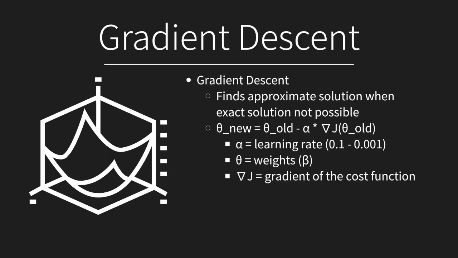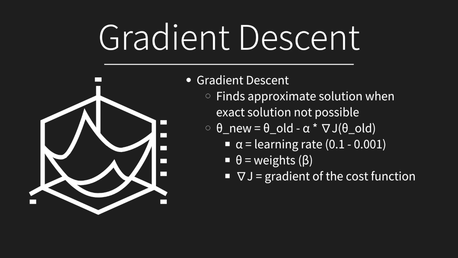Gradient descent does not guarantee an exact solution. It gives an approximate solution. In gradient descent, you move in the direction of the minimum, and you get as close as possible without actually getting there. And it can be used with different functions besides this binary cross-entropy function. So you'll see it come up a lot more when we talk about neural networks and other deep learning models.